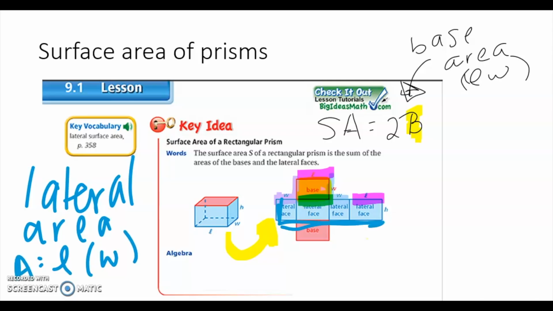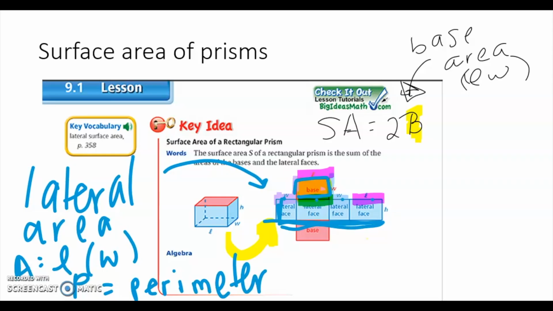Now, this length here is the same as the purple plus the green plus the blue plus the pink, which you may notice is the perimeter of our base shape. So instead of using length times width, we're going to use a capital P, and that P represents the perimeter of the base shape.